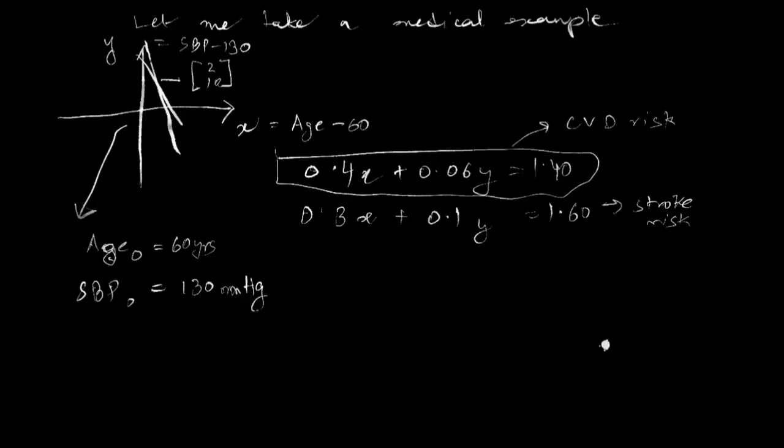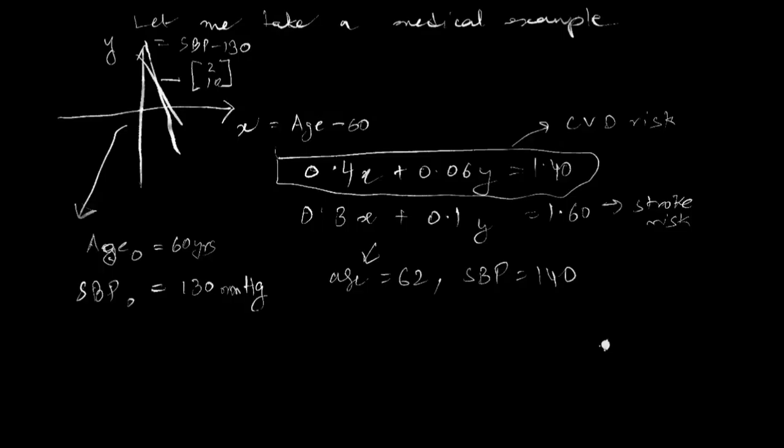So the solution to this is the age is 62 and the SBP is 140, right? That is the particular case where both of these things will happen. If you are at the age of 62 and your SBP is 140, you will have an elevated CVD risk of 1.4 and stroke risk of 1.6, and that is what this equation tells you.